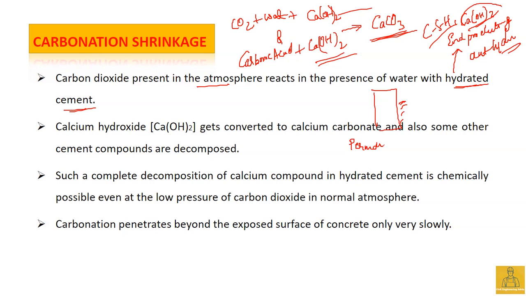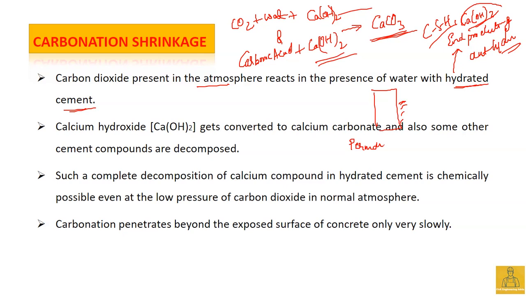At the same time, the moisture content: if the moisture is available in the required amount, CO2 can form carbonic acid that reacts with Ca(OH)2 and decomposes it into CaCO3. If the moisture is less, the carbonation reaction is not going to happen properly, and that is what we want. So moisture content influences the carbonation. And next, CO2.